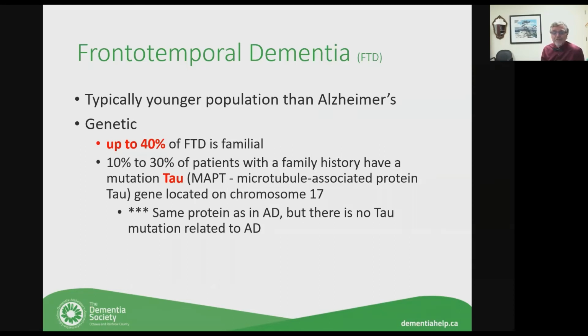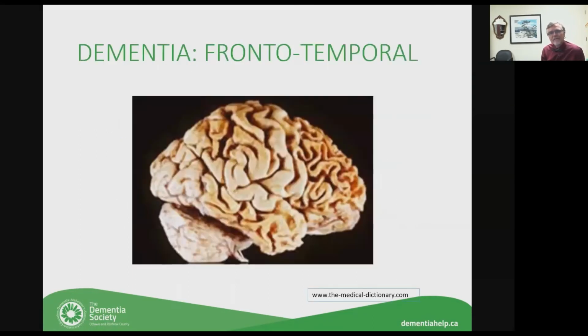We said up to 40% it can be familial, and this is one of the tau mutations that are associated with this, which is the same protein, but it's not the same mutation, and it's a different structural problem. So here now we have a brain. Obviously, this person is deceased, so this is after autopsy.